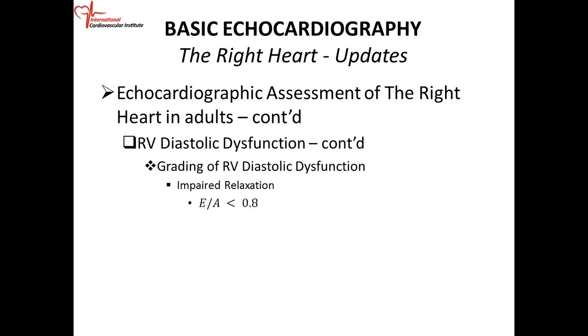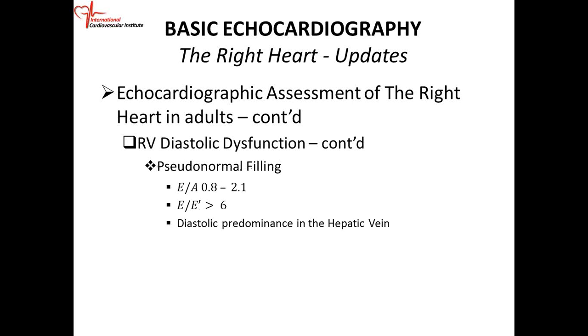And then at the end of diastole, the atrium contracts and gives an additional amount of blood to the RV. So you get your E and your A velocity. So you have to measure these velocities. This is done with pulse wave. And if the E to A ratio is less than 0.8, it suggests impaired relaxation.